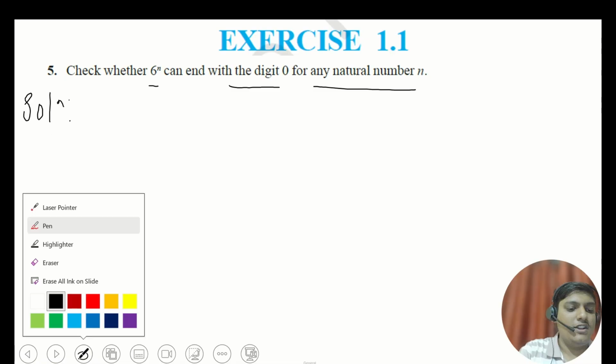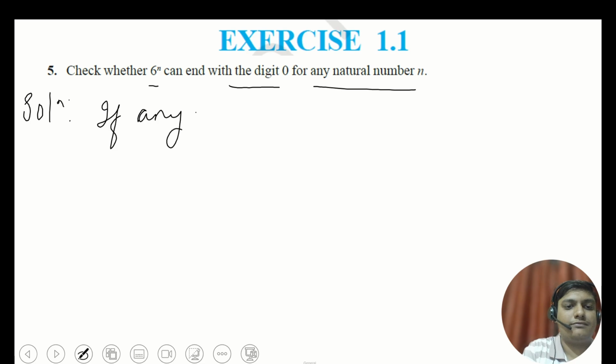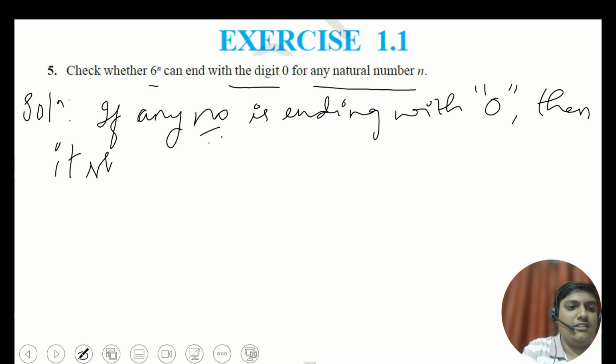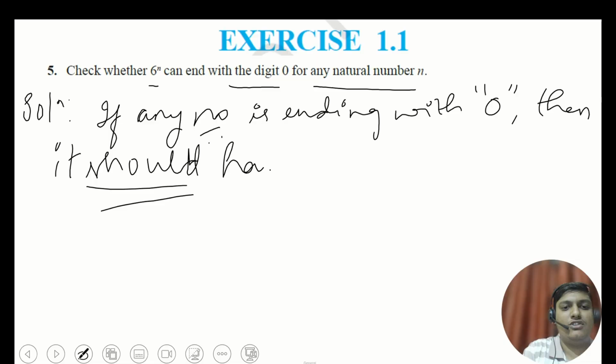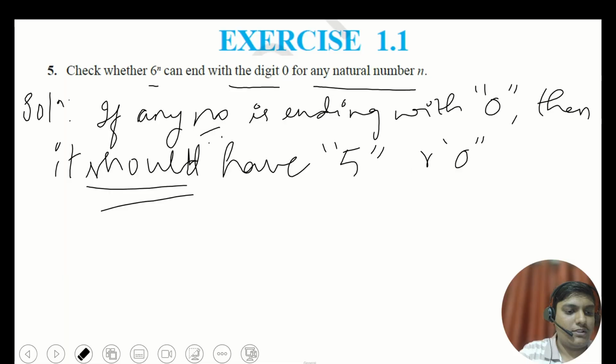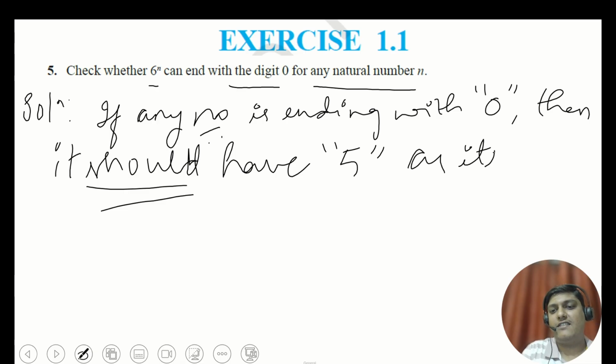See, here the very important thing I have to remember is, if any number is ending with 0, then it should have 5 as its factor.